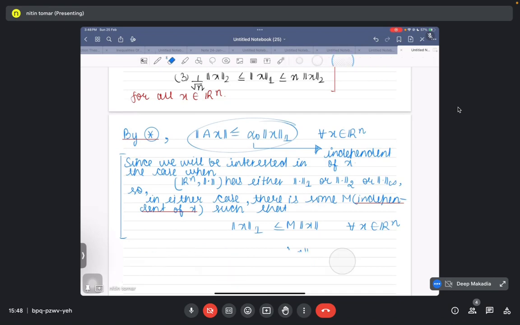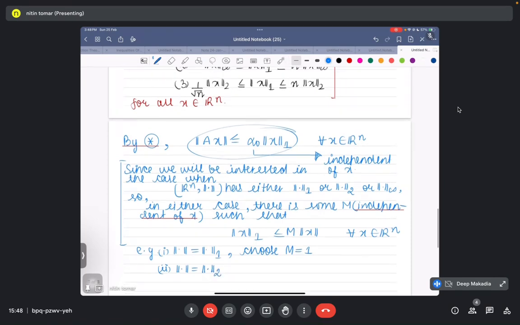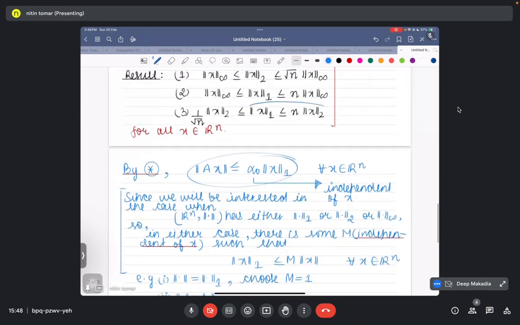For example, if this norm is the same as norm 1, then choose M to be 1. Now what about if this given norm is norm 2? Then by the third result, what can you choose? You can choose your capital M to be n, right?